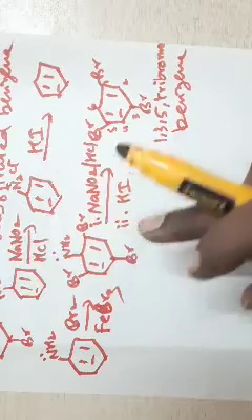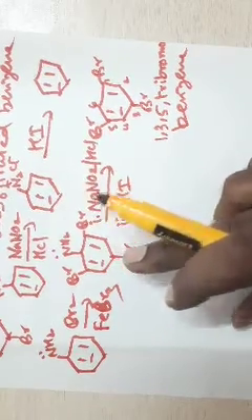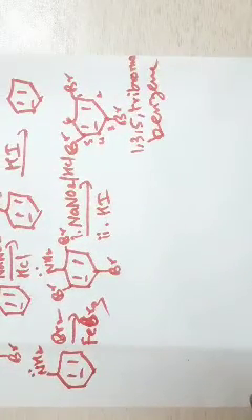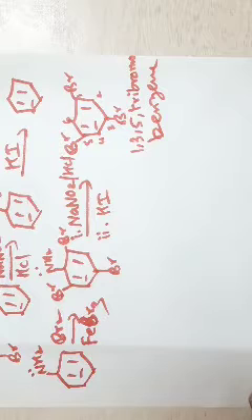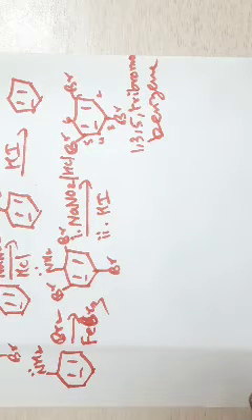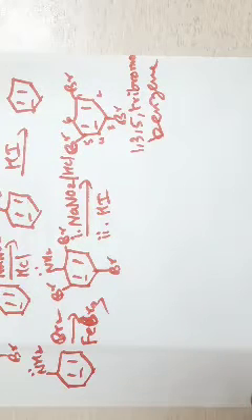I have tribromoaniline. If this tribromoaniline is treated with sodium nitrite and HCl, that is diazotization reaction, and if it is further treated with hydroiodic acid, deamination, we get 1,3,5 tribromobenzene. So this is the method of synthesizing symmetrical tribromobenzene or 1,3,5 tribromobenzene.